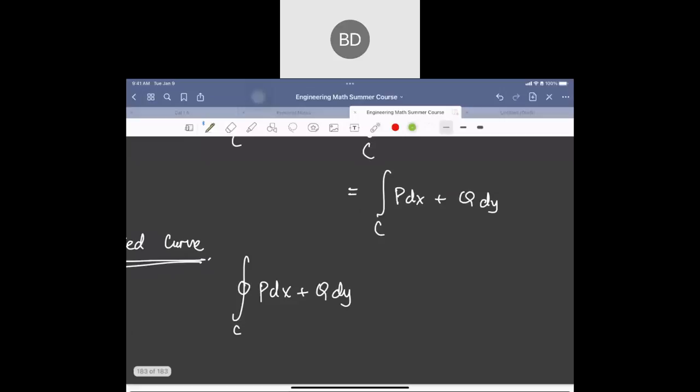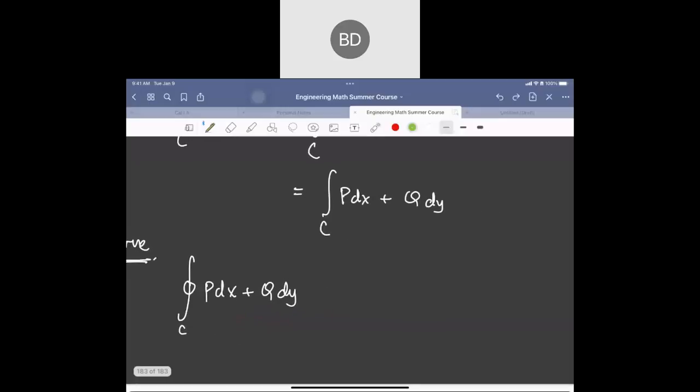One way to think of it is that you have the dx and you have the dy. So it will be C1 p dx plus C2 q dy. We can also think that when we combine these two, it becomes a closed curve.